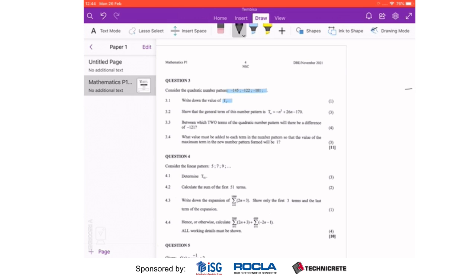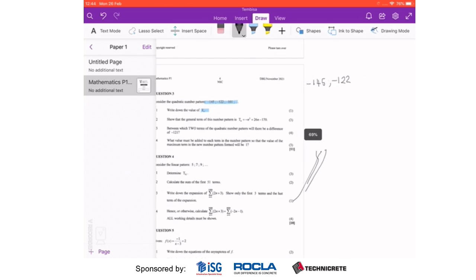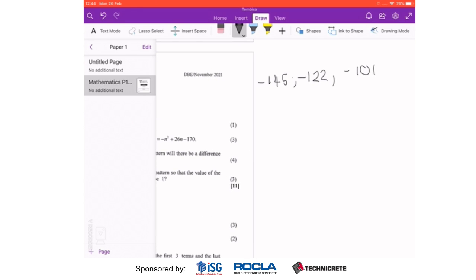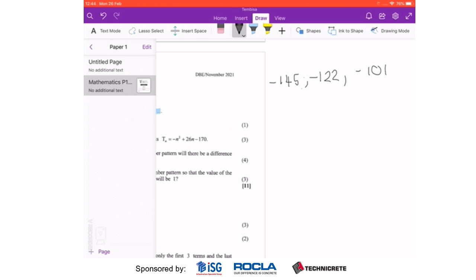So we've got negative 145, negative 122, and then negative 101. We're going to use our calculator to find the difference between each of these terms.